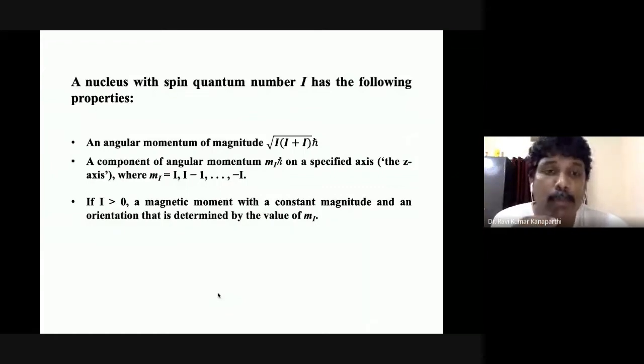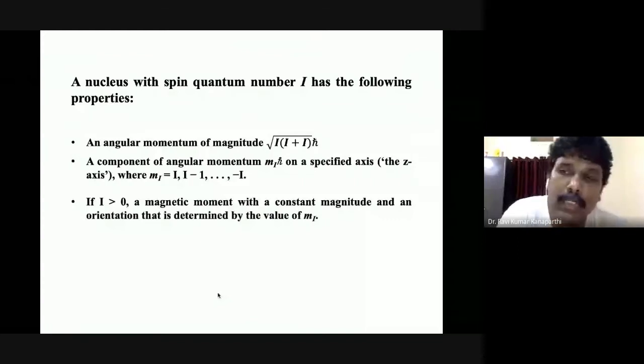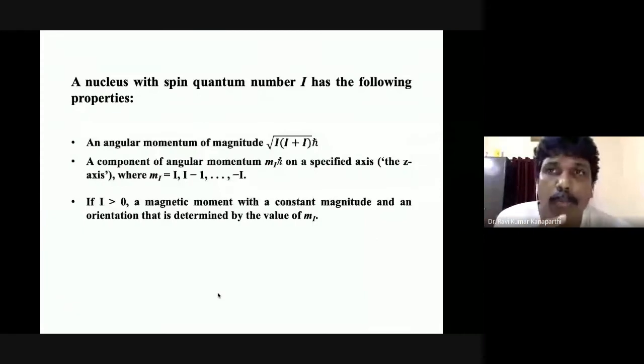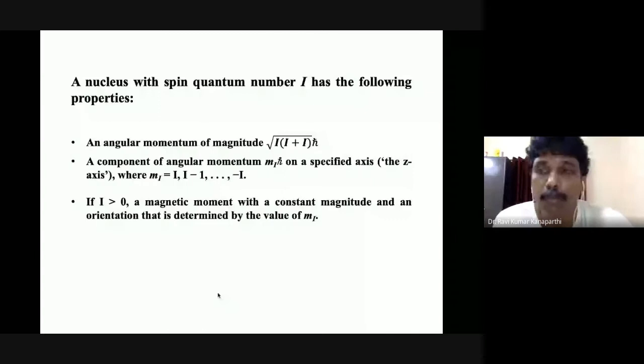Please remember this is the nuclear angular momentum, and you cannot measure it exactly. You can only estimate the length, and also one of the components. The nuclear angular momentum, being a vector, will have 3 different components along the x-axis, y-axis, and z-axis.